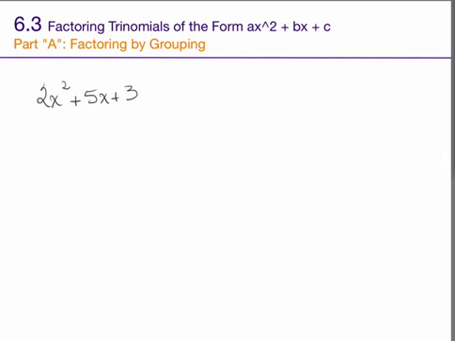It may take writing down a few steps, but it'll mean that you can even do the harder ones. Let's get started. Notice that the product of the first and last terms is 6. My product is 6. My sum, the things I want my middle two terms to add up to, is 5.